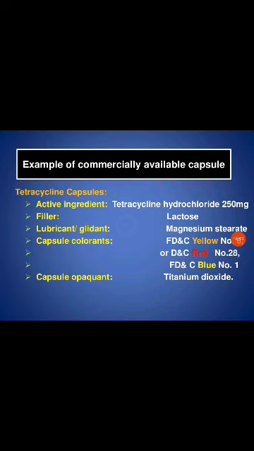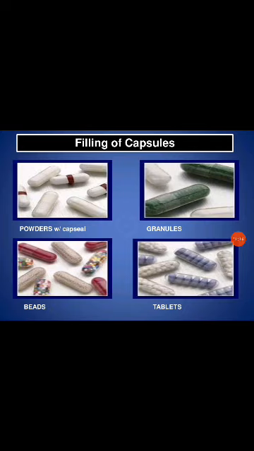This is a general preparation for tetracycline capsule. The various ingredients you can note: lactose is used as filler, magnesium stearate as lubricant, and titanium dioxide is the opacifying agent, and permitted colors and flavors are also used. So these are the various contents inside the capsule.